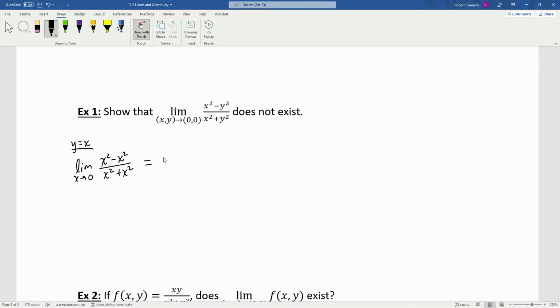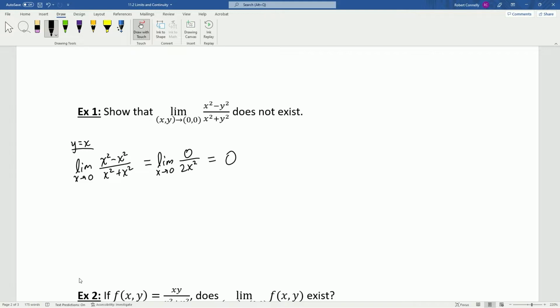So our numerator is always going to be 0 here. But if the numerator is always 0, then this result is just 0. Okay, so let's try to come up with a different path here.